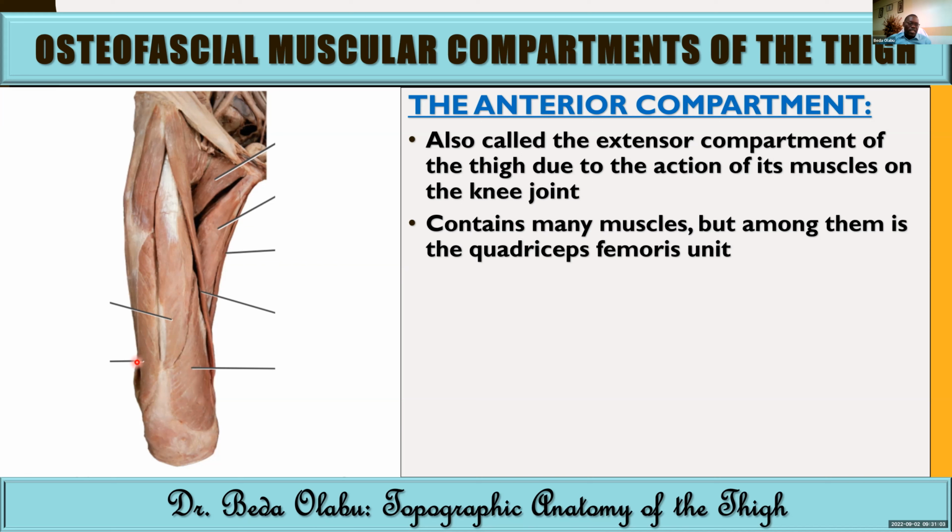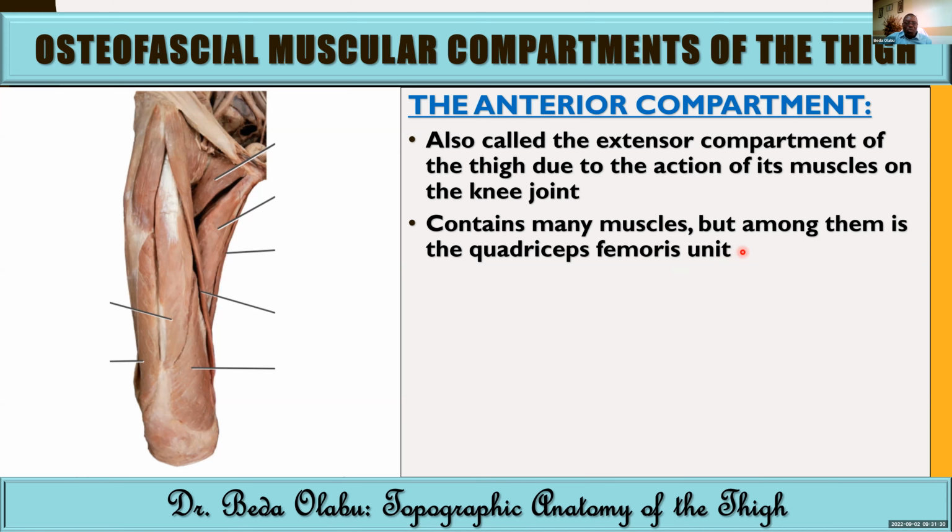This one is called vastus lateralis. And there's another one deep to rectus femoris, which we are not seeing, which we call vastus intermedius. So rectus femoris, vastus medialis, vastus lateralis, and vastus intermedius are the components of the quadriceps femoris unit.